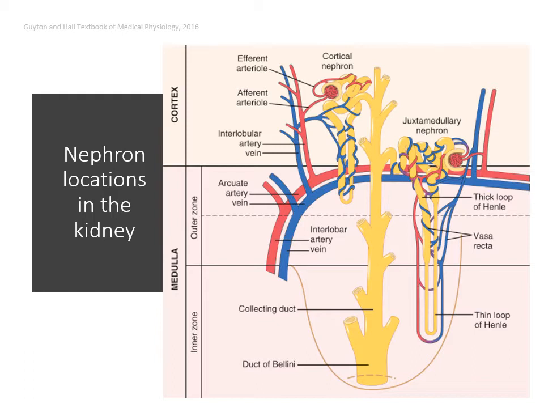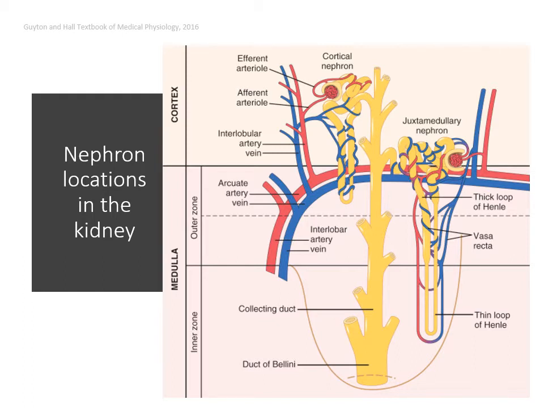They start with the glomerulus, and from the glomerulus, fluid goes into the nephron, typically into the medulla, and comes back up out of the medulla. Millions of these nephrons connect in the collecting ducts, and that's where urine is going to make its way out to the ureter and then into the bladder.